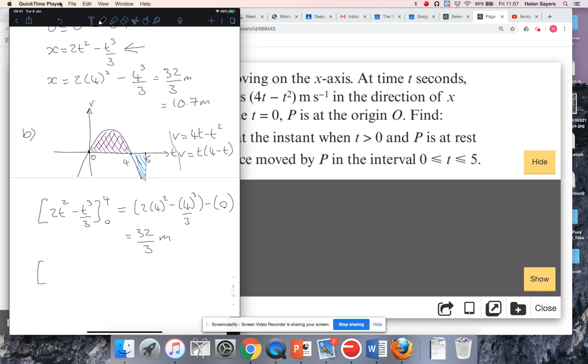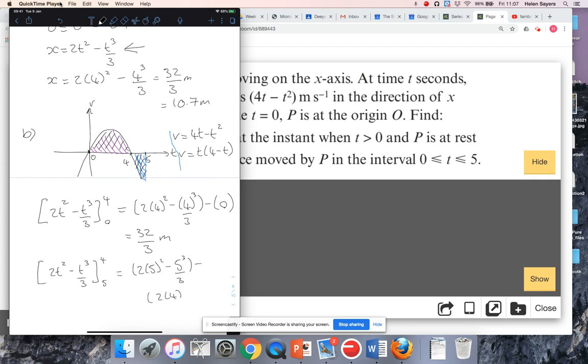So then if I separately work out its displacement between seconds 4 and 5, and I'm expecting this to come out as a negative, because I know that it's below the t-axis, so it's going to be a negative area. So that's going to be 2 times 5 squared minus 5 cubed over 3 minus, well, I've already got this, haven't I?